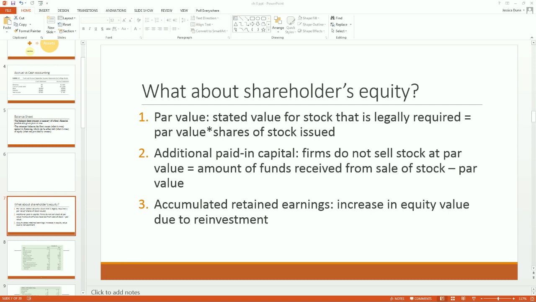It has very little meaning. It's only used to calculate the number of shares of stock that you have outstanding. Additional paid-in capital. This is the amount of money that this stock is initially sold for minus the par value. And accumulated retained earnings. This is the increase in equity value due to reinvestment of current earnings.